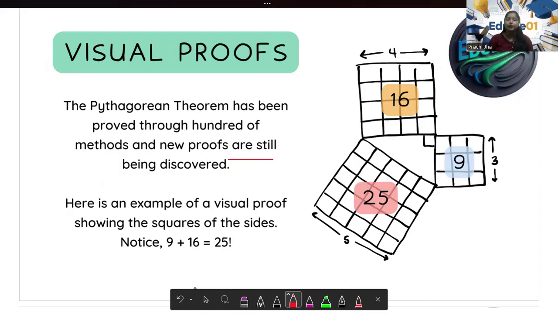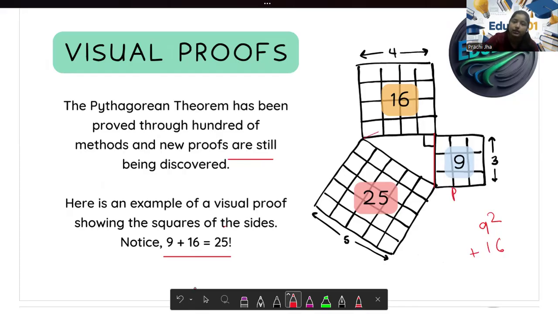Now, here's an example of a visual proof showing the squares of the sides. Notice 9 plus 16 is equal to 25. If you see the square of 9 and the square of 16 over here, this side you can consider as the perpendicular, right?